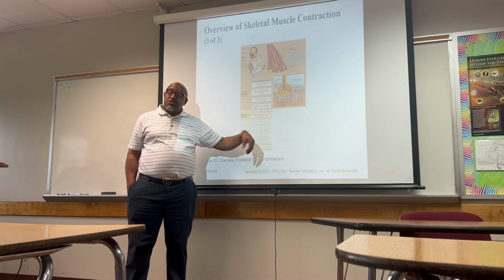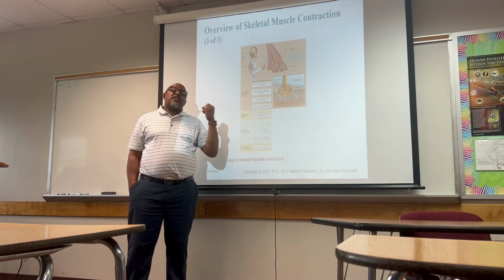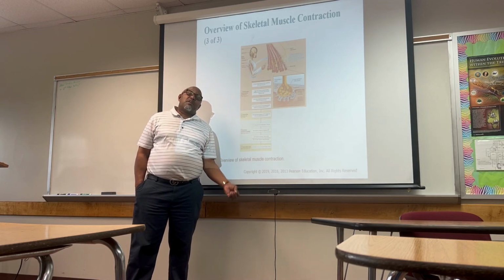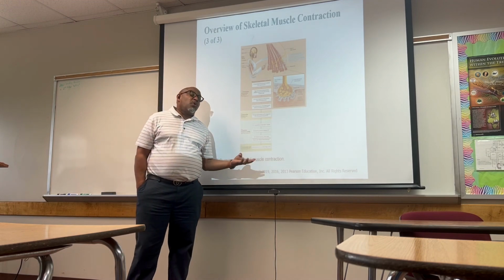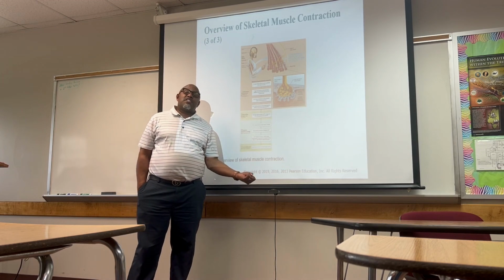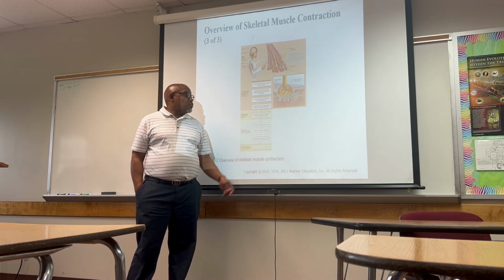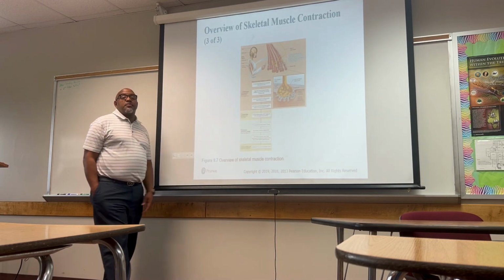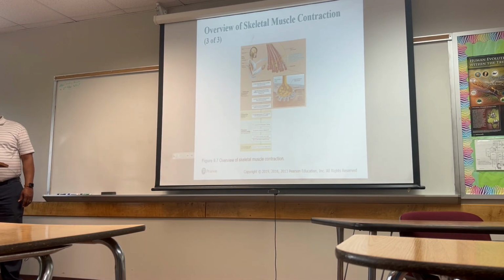That same action potential goes down the T-tubule, comes in contact with the terminal cisternae. That action potential then causes the release of calcium from the sarcoplasmic reticulum, which attaches to troponin, moves tropomyosin, and then the myosin heavy chain can attach to the actin and cause the shortening of the sarcomere. That's what this is explaining, and that's essentially, in a very simple form, what you should be sure to know for your question.